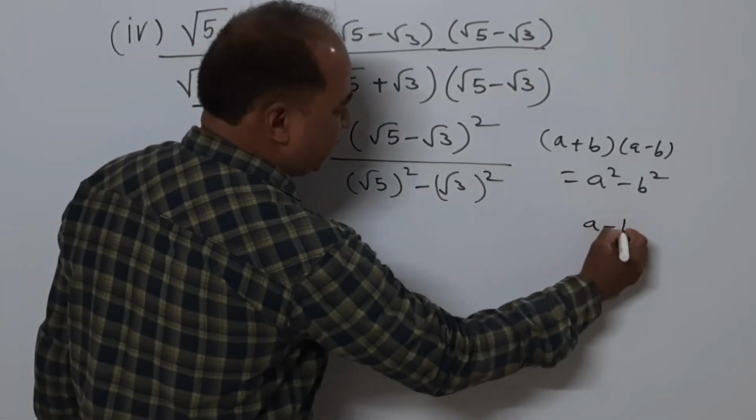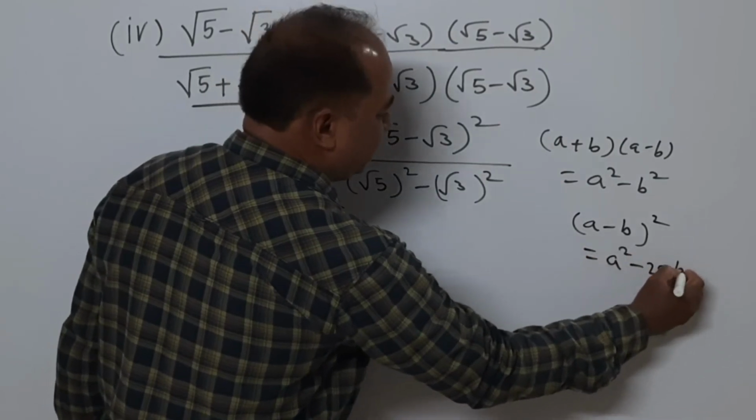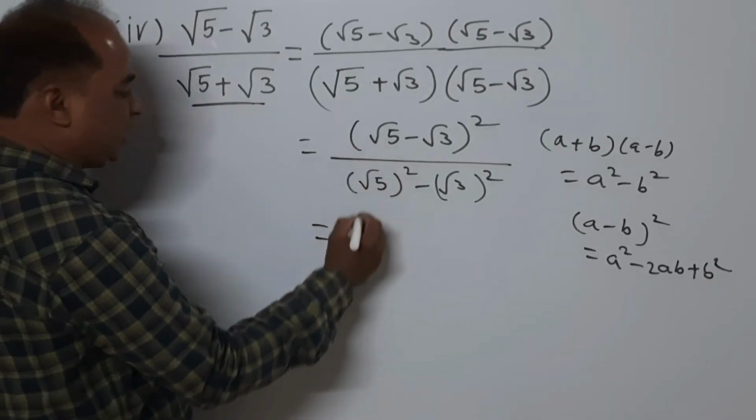So we know that a minus b bracket square is equal to a square minus 2ab plus b square. So we use this identity and we will expand the numerator.